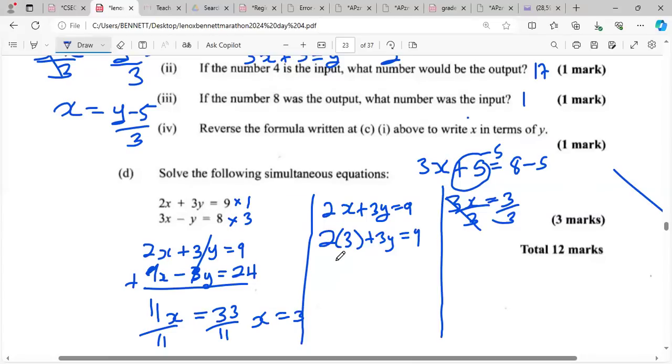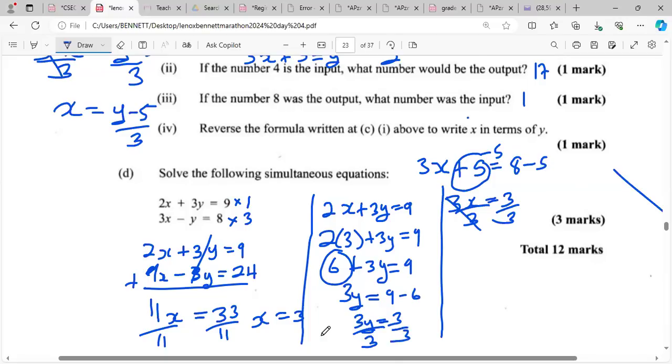And of course, 2 times 3 is 6. And then now we make y the subject. So we need to get rid of the plus 6 by subtracting 6 from both sides, right? So it will be 9 minus 6. And then 3y is equal to 3. And then we divide by 3. So y is equal to 1.